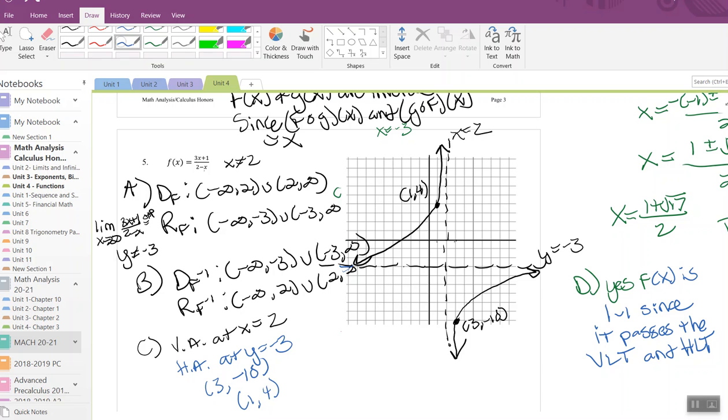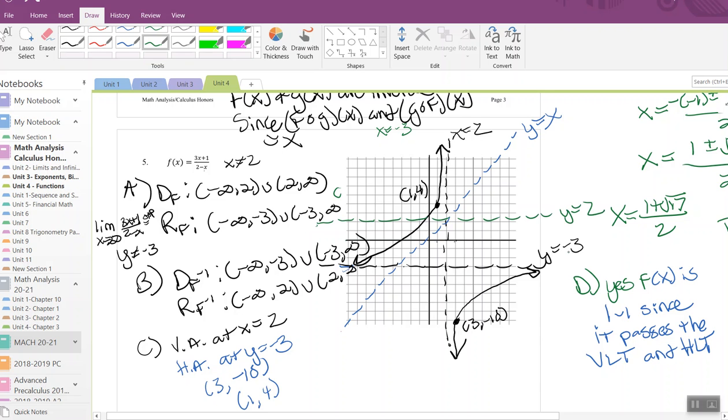Then remember, you want to graph the symmetric line, y equals x. And then the inverse, you just switch the x's and y's. So instead of a vertical asymptote at 2, it's going to be a horizontal asymptote at y equals 2. And instead of a horizontal asymptote at y equals -3, it's going to be a vertical asymptote at negative 3.